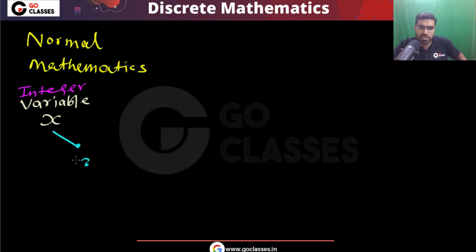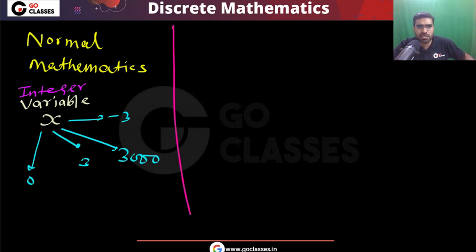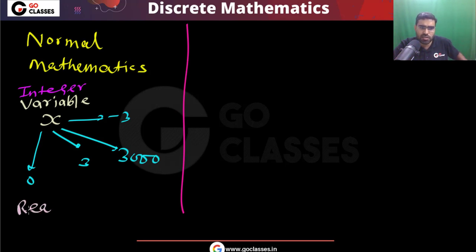This x can be 3, this x can be -3, this x can be 0, this x can be 3000. Similarly, consider this variable y. If this is a real variable, it can take any real value. For example, it can be pi, it can be 2.3, it can be 0.